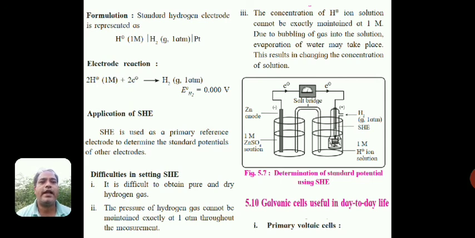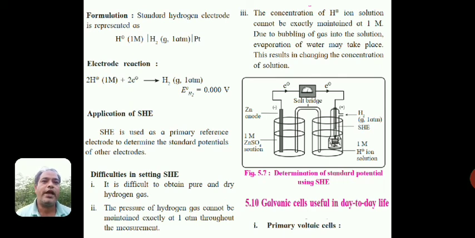Either it acts as an oxidation electrode or a reduction electrode, and that depends on the other electrode material which we are using in the cell. So even if it is given here as a reduction electrode, it doesn't mean that a reduction reaction always takes place on the hydrogen electrode. It depends on the other electrode material used in the cell.